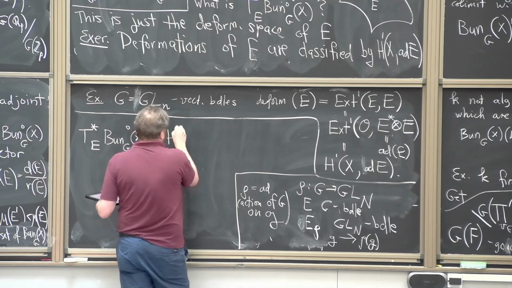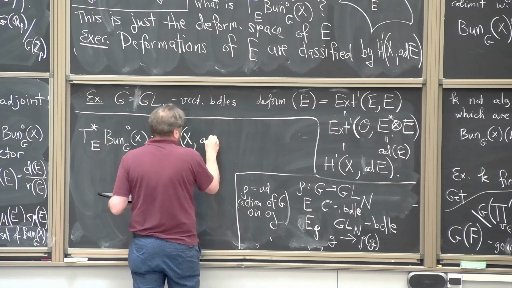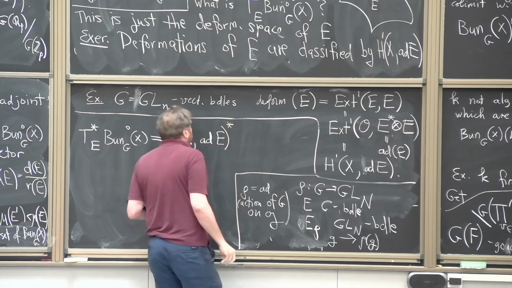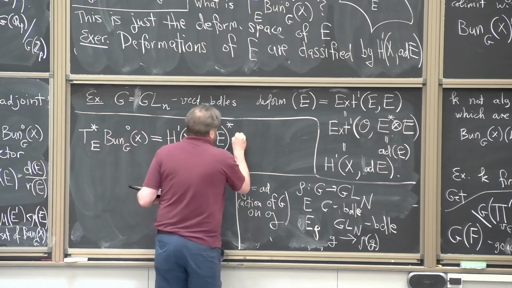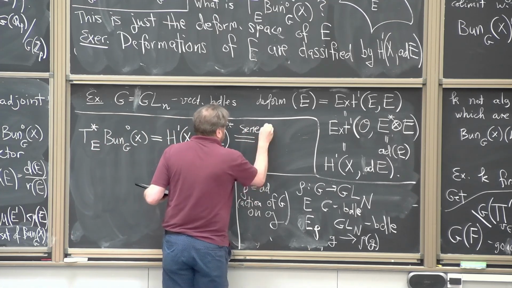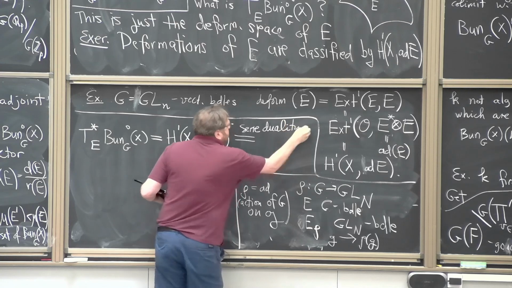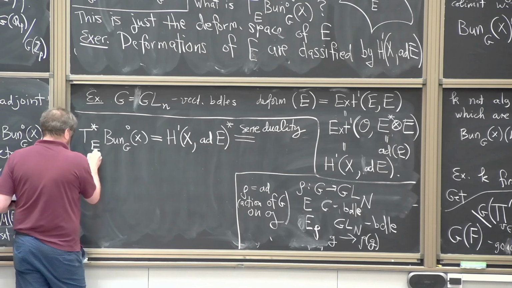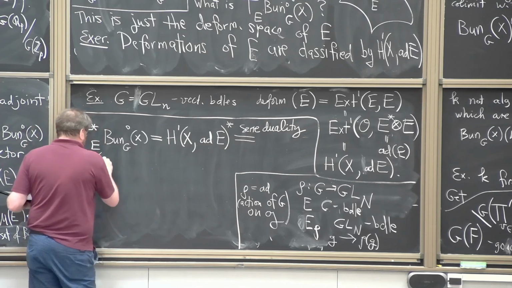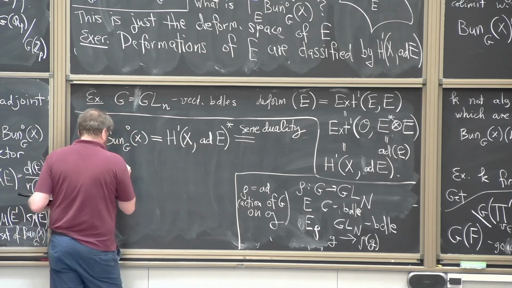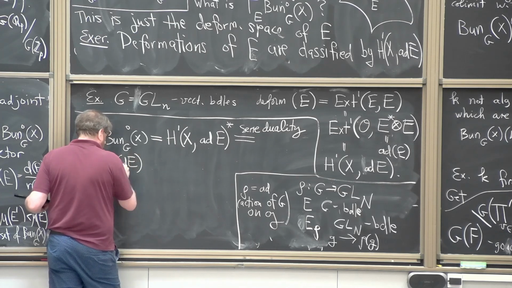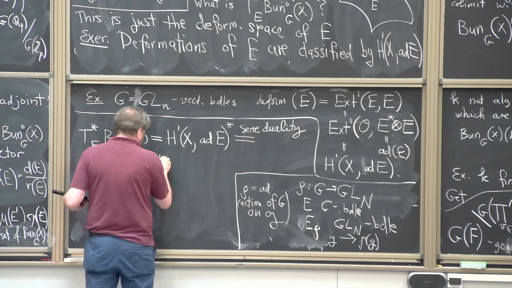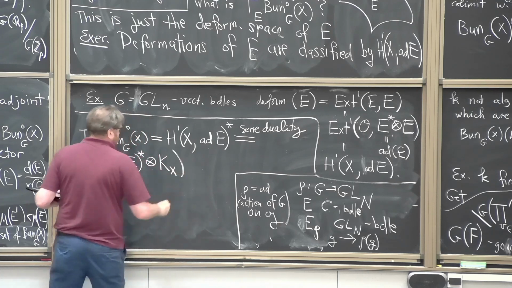So it's the dual of H1 of X with coefficients in the adjoint bundle of E. But then we have Serre duality, which says that this is the same as H0 of X with coefficients in the dual bundle tensored with the canonical bundle, which is the bundle of one forms on X.